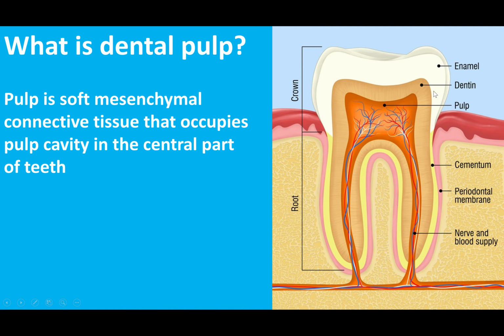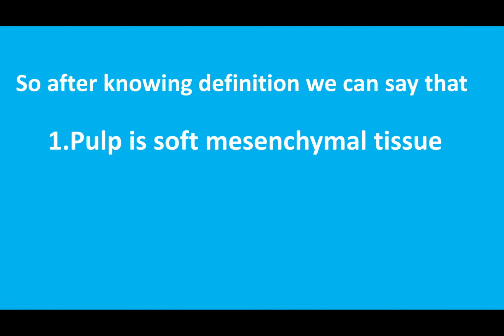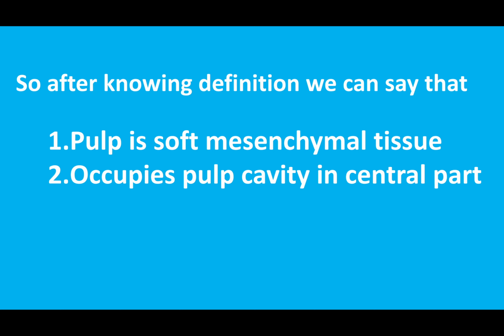As you can see in the diagram, enamel is all around the teeth and dentine is also all around the teeth except that area, that is the apical foramen, and this is pulp, the central part of the teeth. So after knowing the definition, we can say clearly that pulp is soft mesenchymal tissue and it occupies the pulp cavity in the central part.